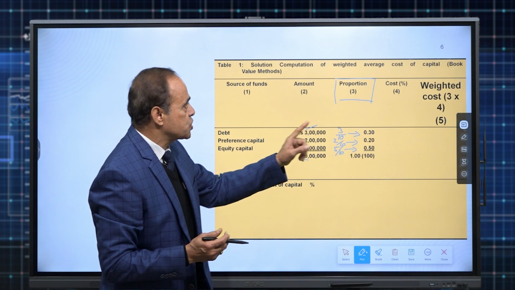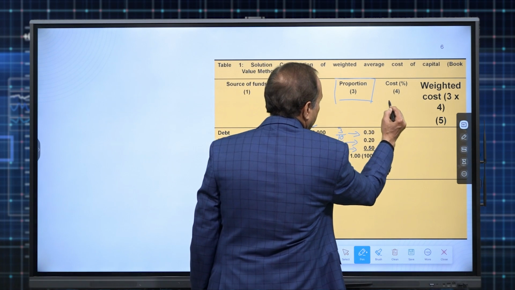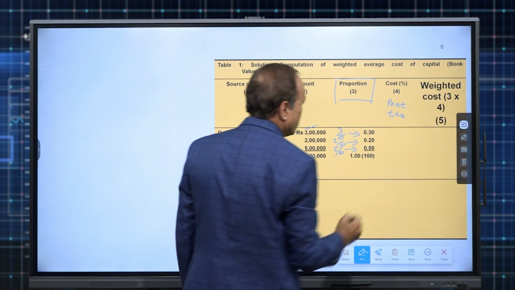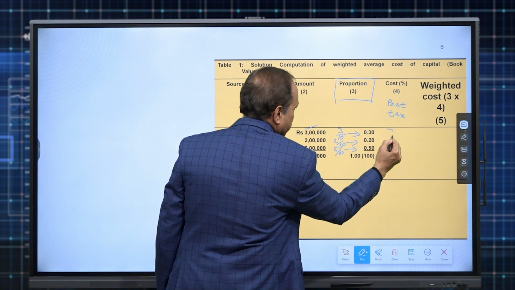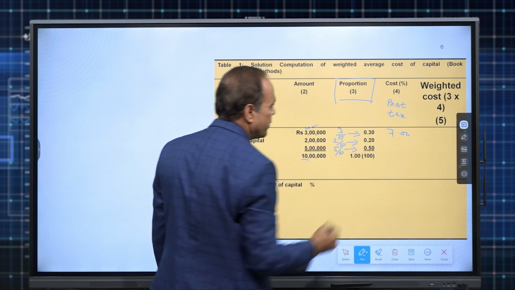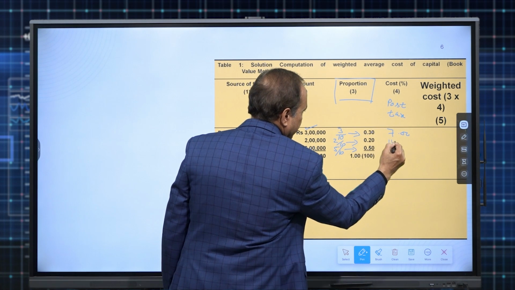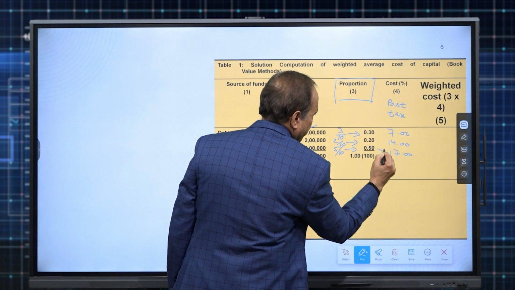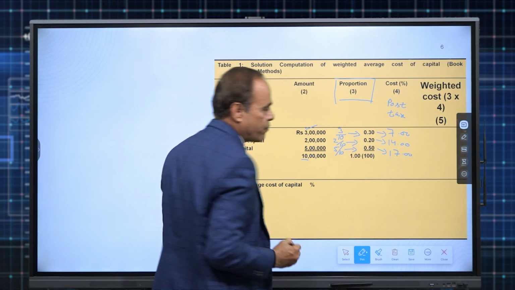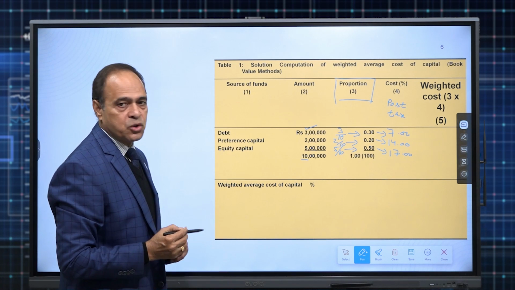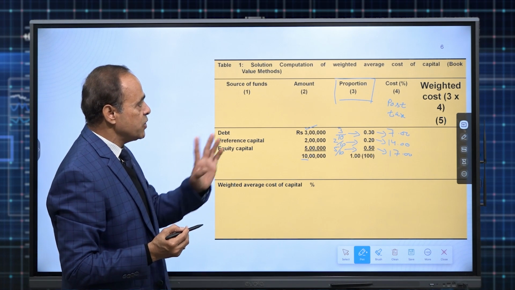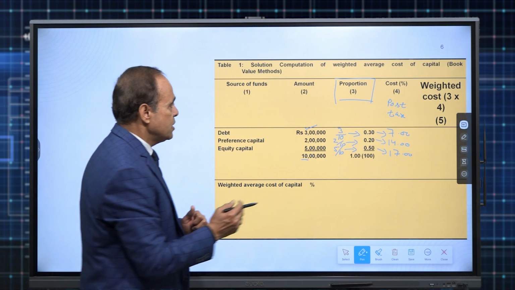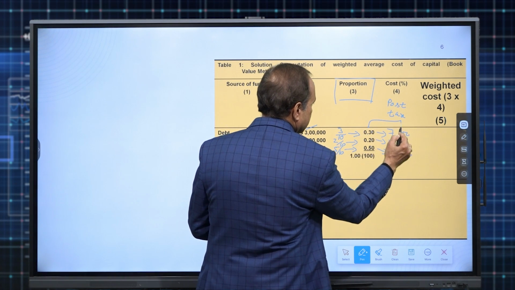Then we will take cost, and this has to be post tax, after tax cost. So if you remember, we had 7% cost of debt, 14% of preference, and 17% of equity. Now that is the fourth column we have created. Now fifth column, as you can see, multiply third column and the fourth column. So 0.3 will be multiplied with 7.